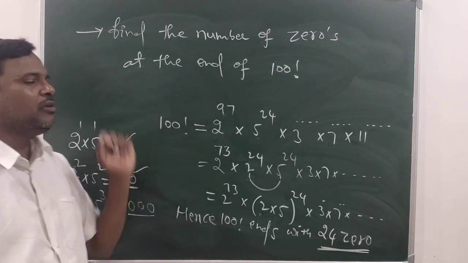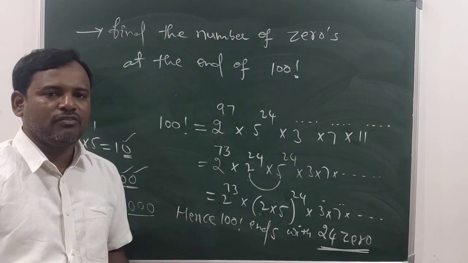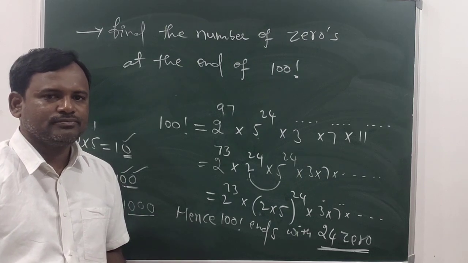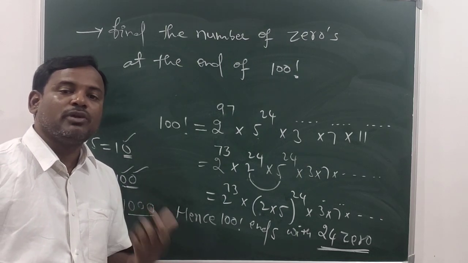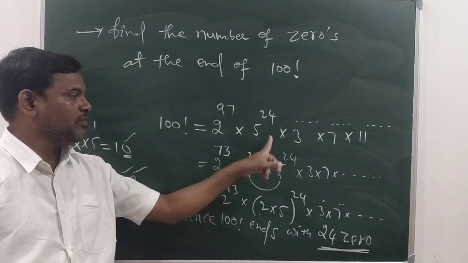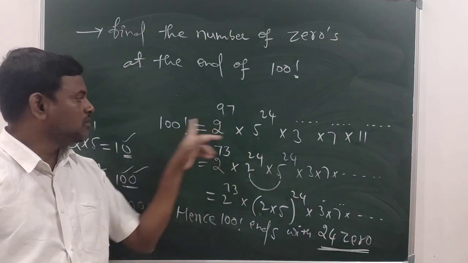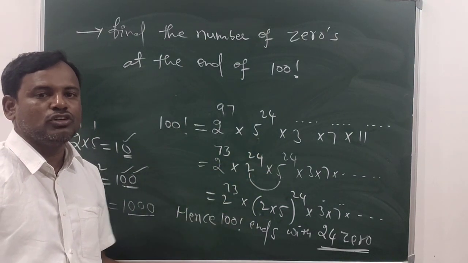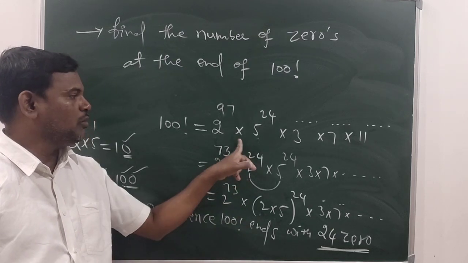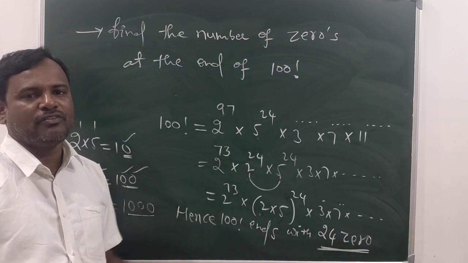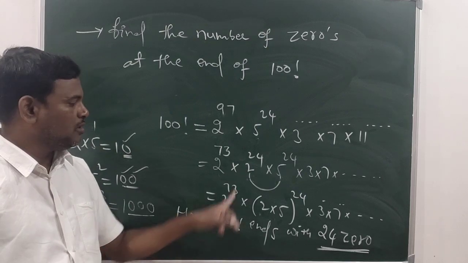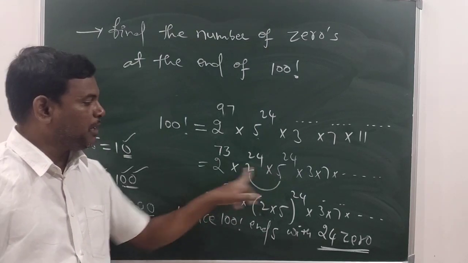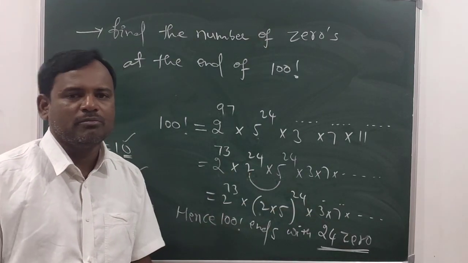First you would have to find the exponent of 2 in 100 factorial, we have seen, and the exponent of 5 in 100 factorial. We got this much. Now for this third question, how many zeros 100 factorial ends with, you have to take the combination of these 2 and 5 exponents. Here the remaining prime numbers will not form zeros.